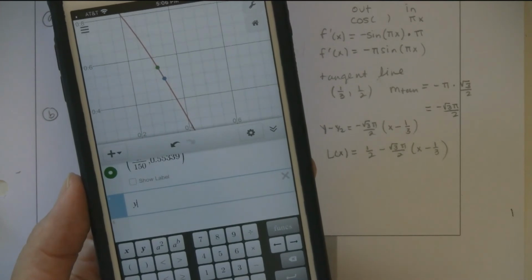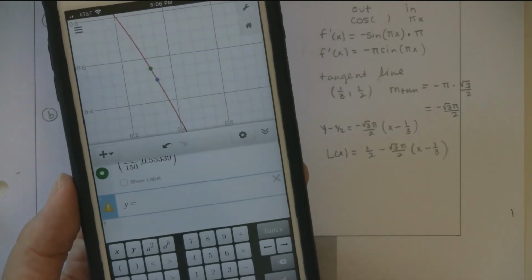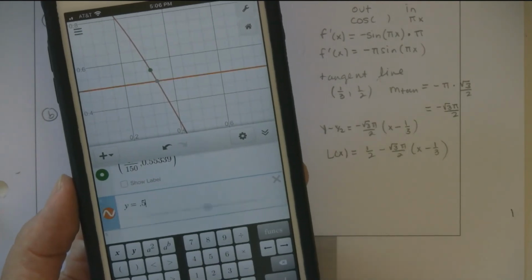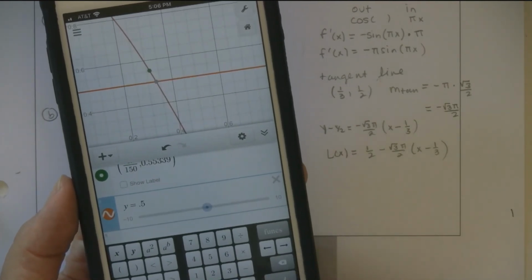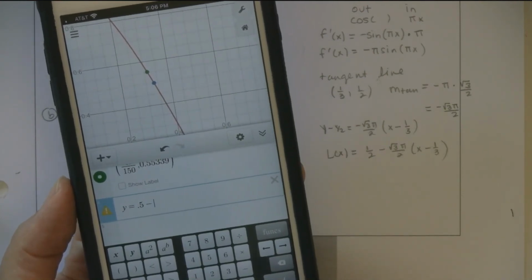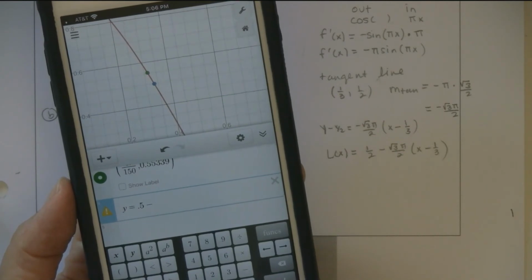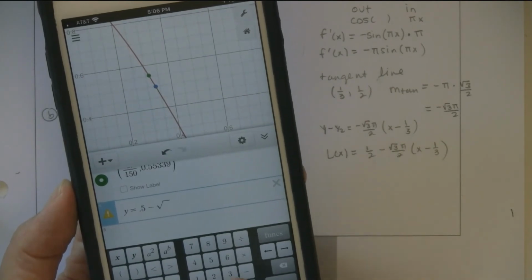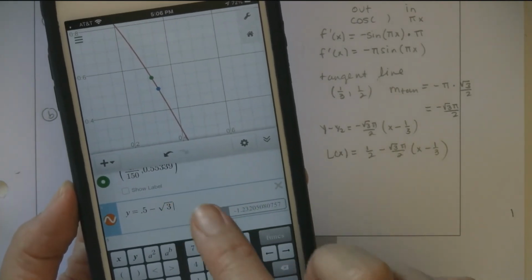Y equals, and you can do the same thing too. I'm going to put in half as 0.5 minus a fraction, square root. So I want square root 3 to come out.